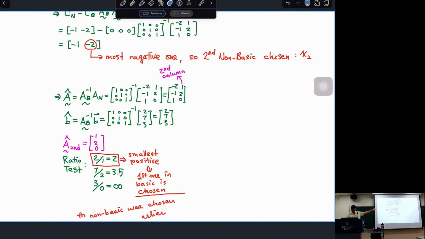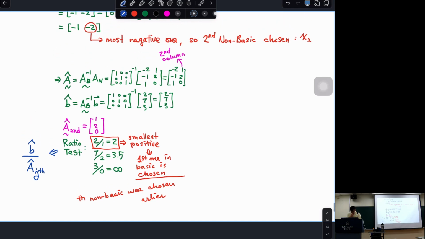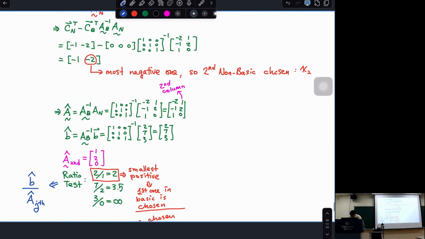The ratio test uses B hat over the jth column of A hat, where j equals the second index.